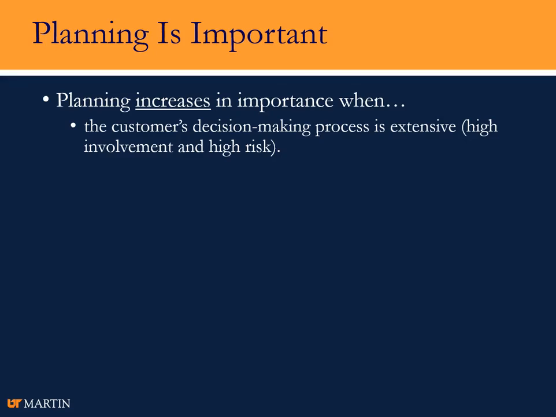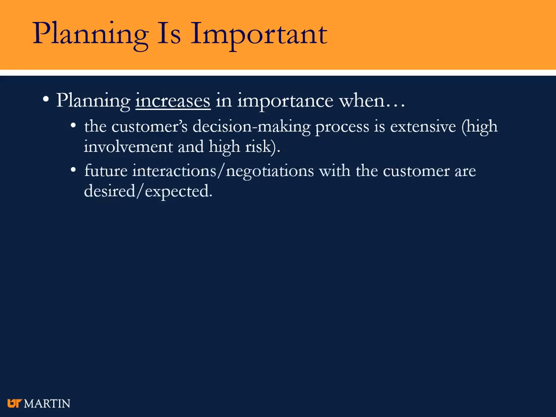It's important that you have a bunch of contingencies in mind, because you want to be able to answer all their questions and make it very clear to them that you care and that you're putting energy into this with them. When you think that there are going to be future interactions or negotiations with the customer, it's a very good idea to plan in advance so you are prepared for that as well.